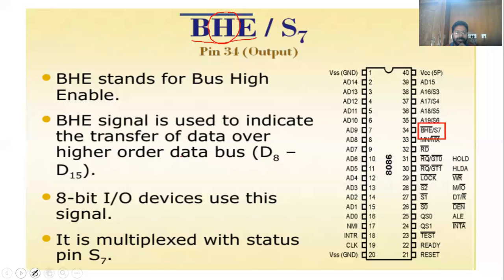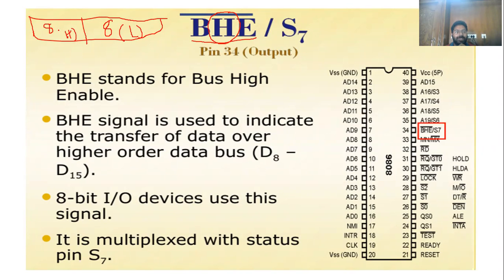You see this bus high enable. It means the microprocessor is a 16-bit microprocessor. Out of the 16 bits, 8 bits are lower order bits and 8 bits are higher order bits. This is the data bus, and these are the data registers.